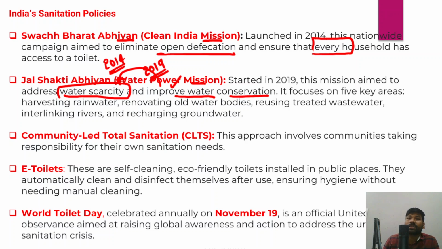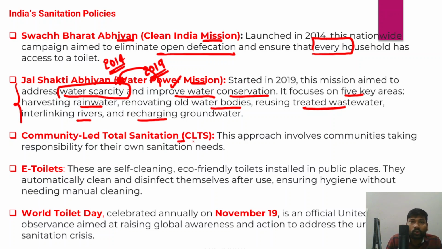Jal Shakti Abhiyan focuses on 5 key areas. Now what are those 5 key areas? Harvesting rainwater, tapping rainwater and then harvesting it, renovating old water bodies, reusing treated wastewater, interlinking rivers, and recharging of groundwater. So these are the 5 areas where the Jal Shakti Abhiyan would essentially focus.